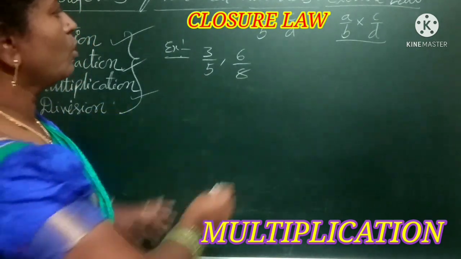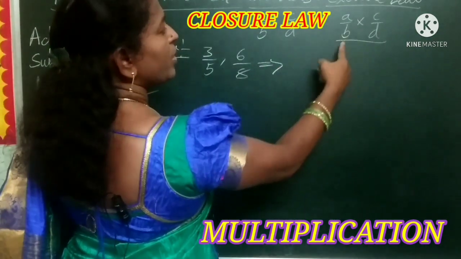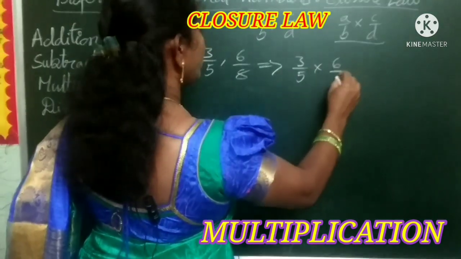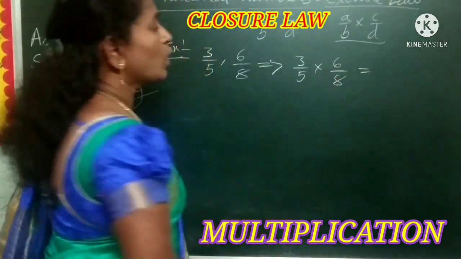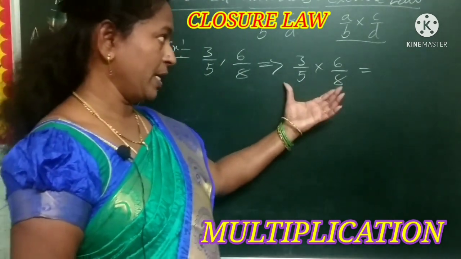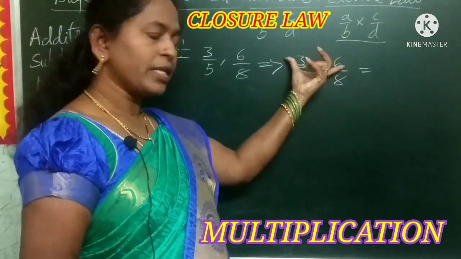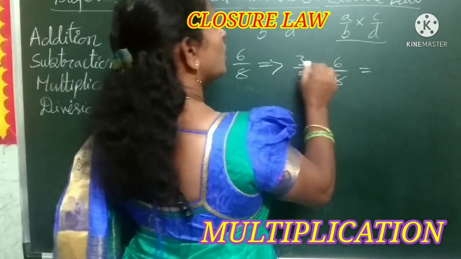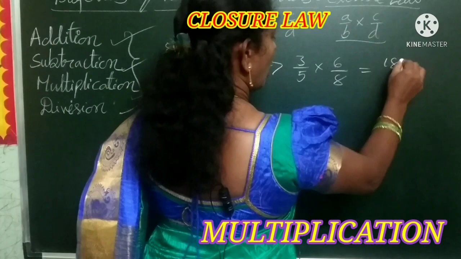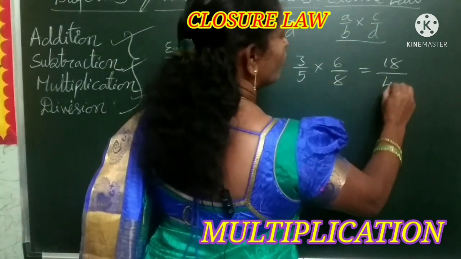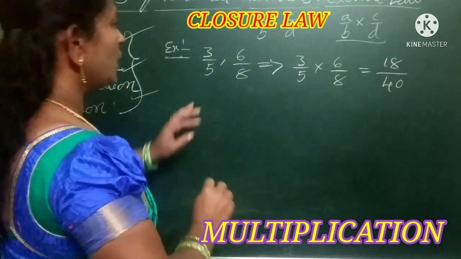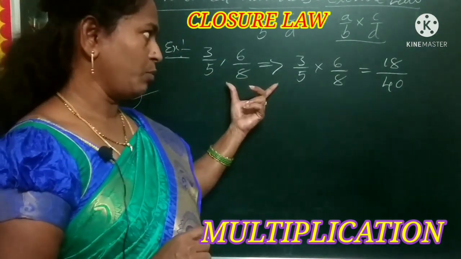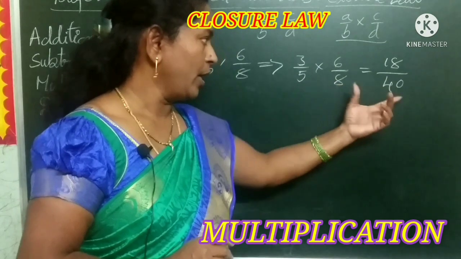So here the condition is a by b into c by d, so 3 by 5 into 6 by 8. When you are doing multiplication, multiply their numerators and multiply their denominators. So 3 sixes are 18 and 5 eights are 40. Means 3 by 5 and 6 by 8, two rational numbers, their product is also a rational number.